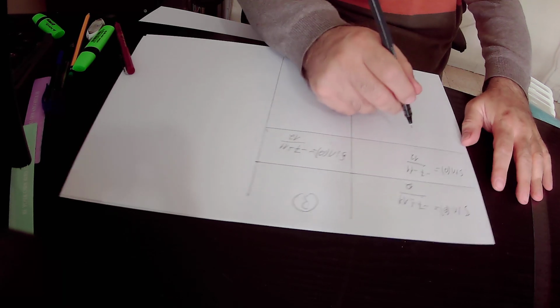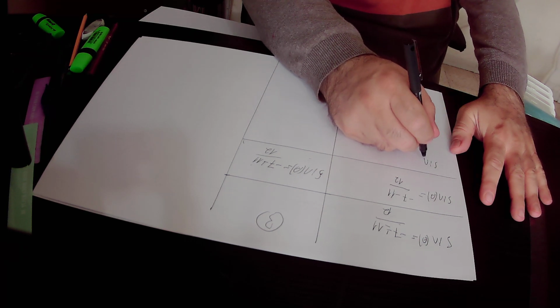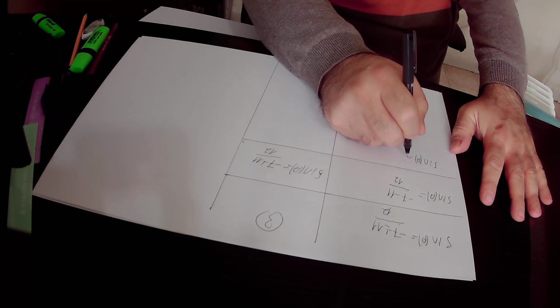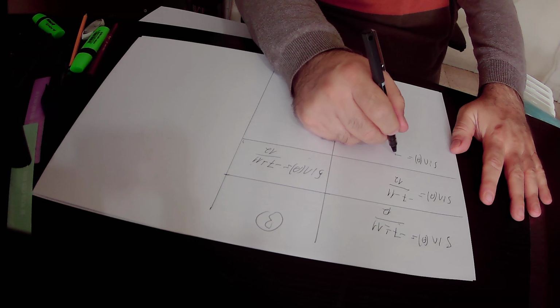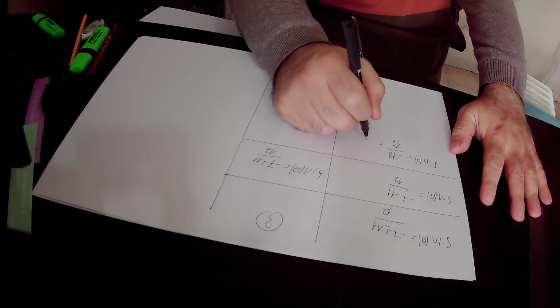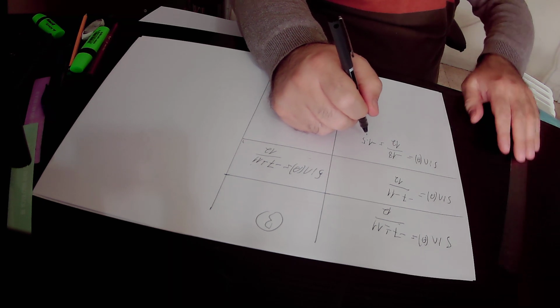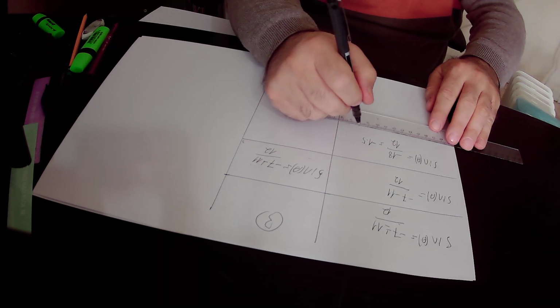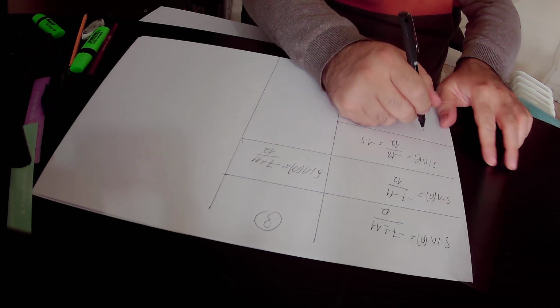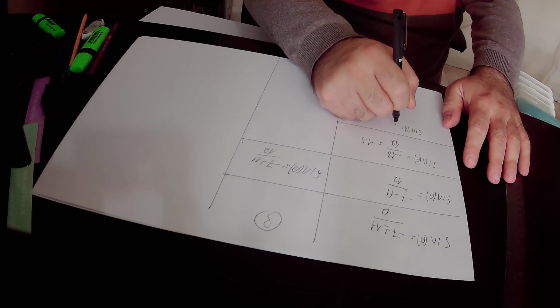So according to the first solution, sine theta is equal to minus 7 minus 11, which is minus 18, over 12. Minus 18 over 12 is minus 1.5. So we found out that sine theta is equal to minus 1.5.